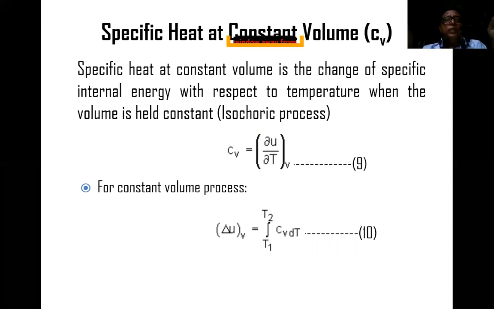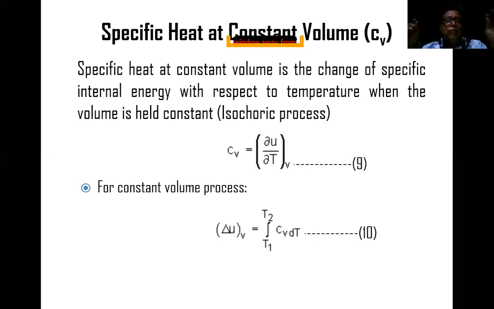When the volume is held constant, then it is an isochoric process. When the volume is held constant, this is the isochoric process. Then Cv is equal to (dU upon dT) at constant V, where U means internal energy and T is the temperature.